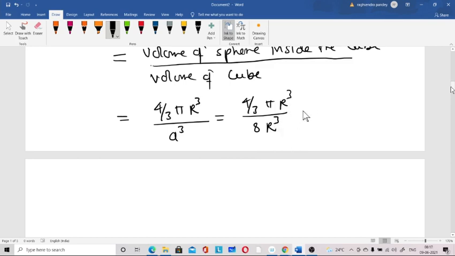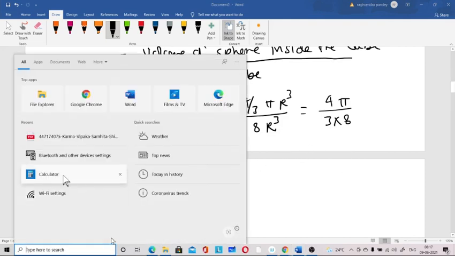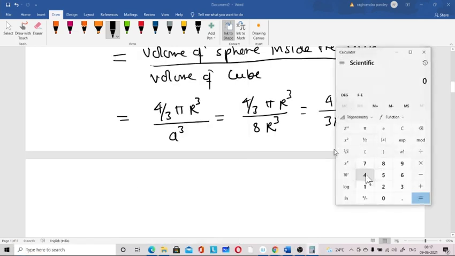So r cube cancels. Okay, so that is your 4 pi upon 3 into 8. If we calculate this, 4 into 3.14 divided by 24, it is coming as 0.523.